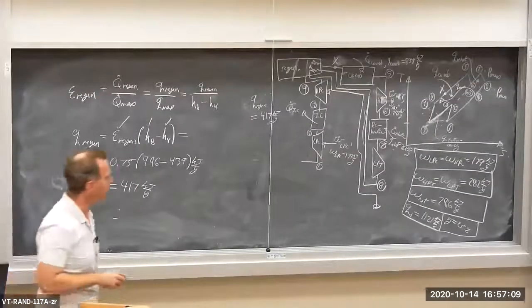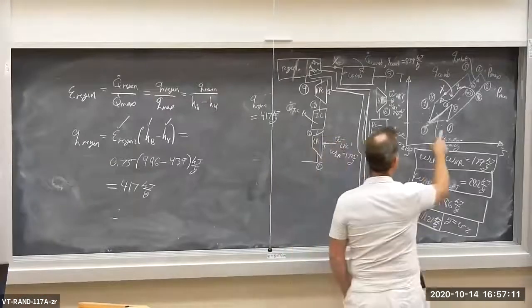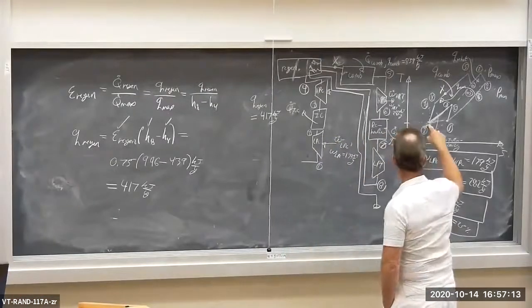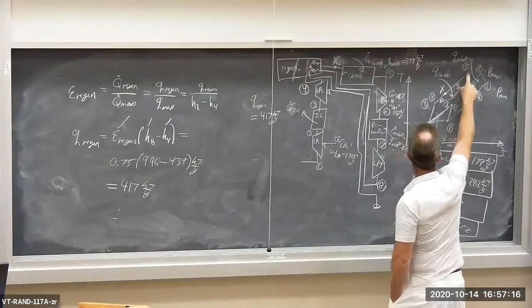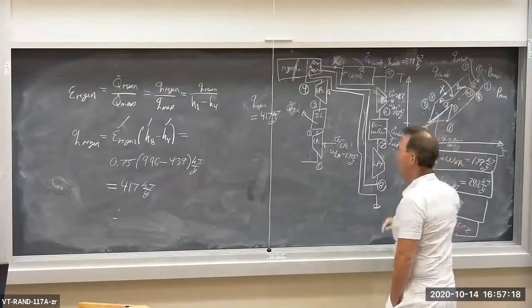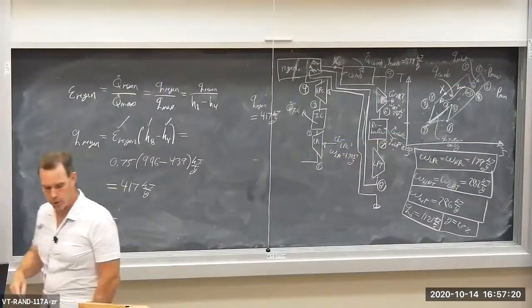The minimum temperature in the cycle is T1 and T3, which were 300 degrees Kelvin. And the maximum temperature I had written up there was 1200 degrees. So I have 300 and I have 1200.